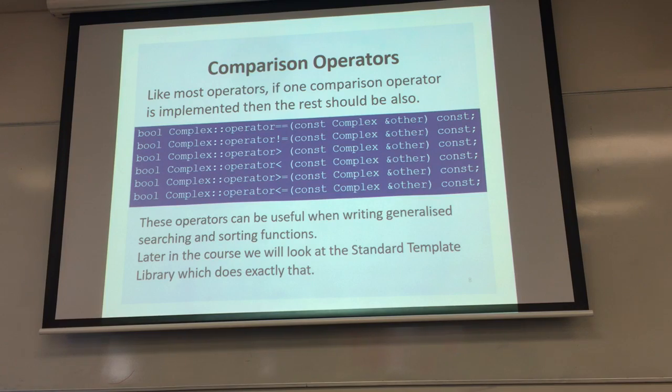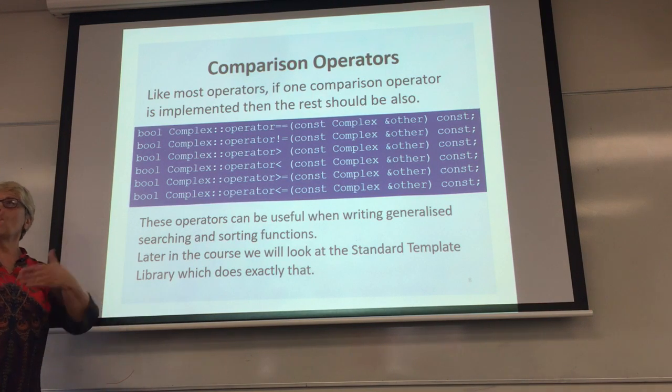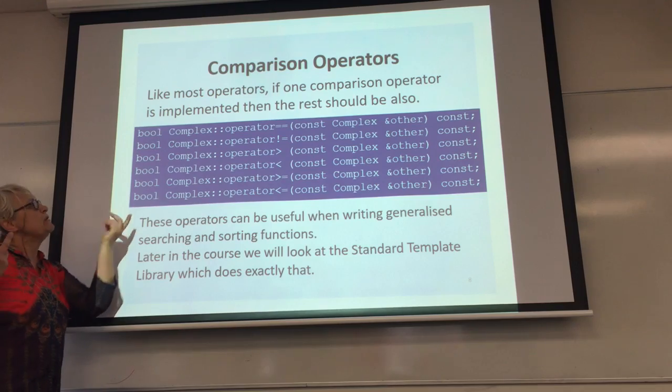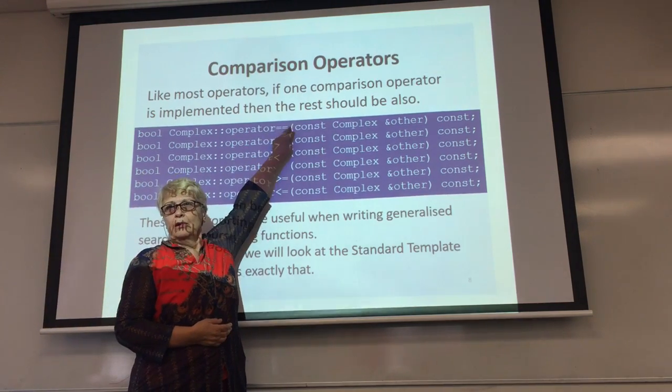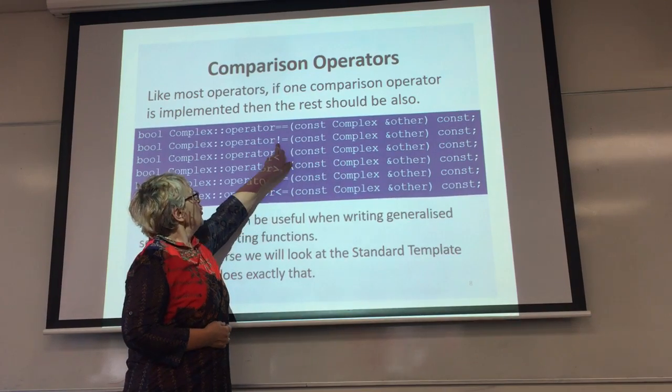Right, now, it's not a strict rule like for classes with pointers, but if you implement equal testing, it's normal to maybe implement not equal.